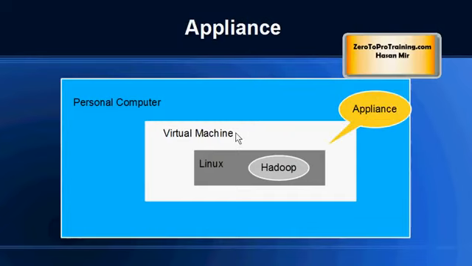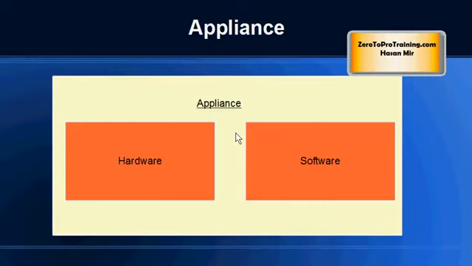And we will take an easy approach. We will not be installing Linux software on the virtual machine and then installing Hadoop on Linux. We will simply download an appliance and import the appliance on the virtual machine software. Now we are in the virtual machine era, so we can simply download the whole virtual machine on which somebody else has already installed Linux as well as Hadoop, and it could be downloaded as a file.